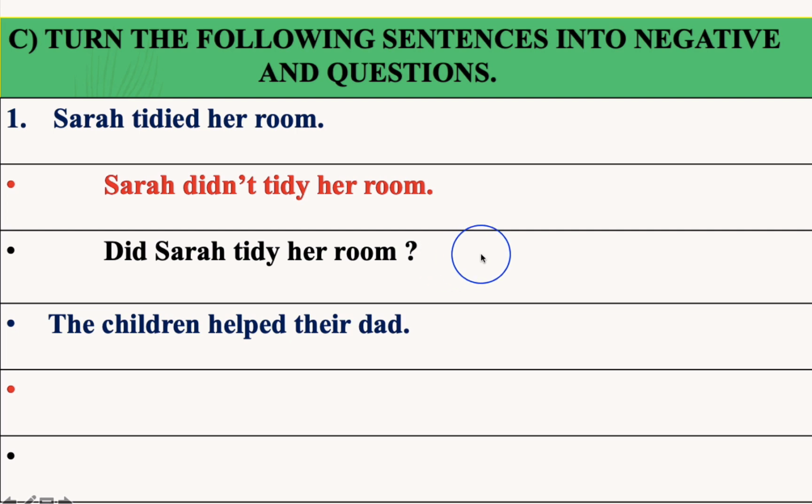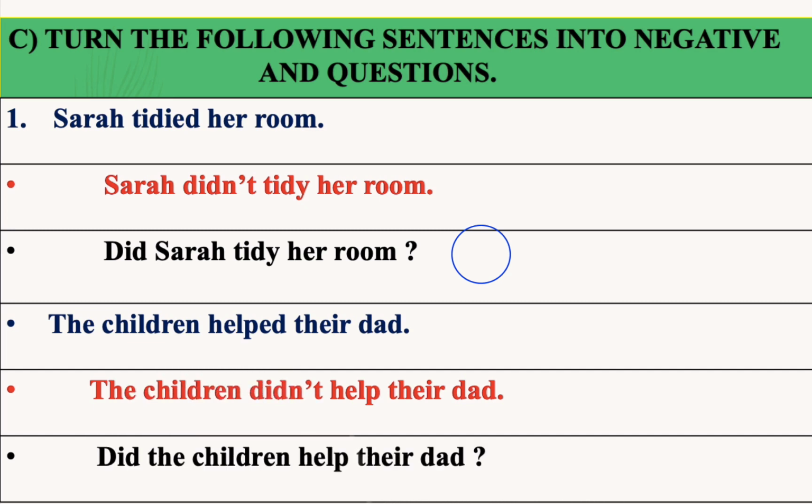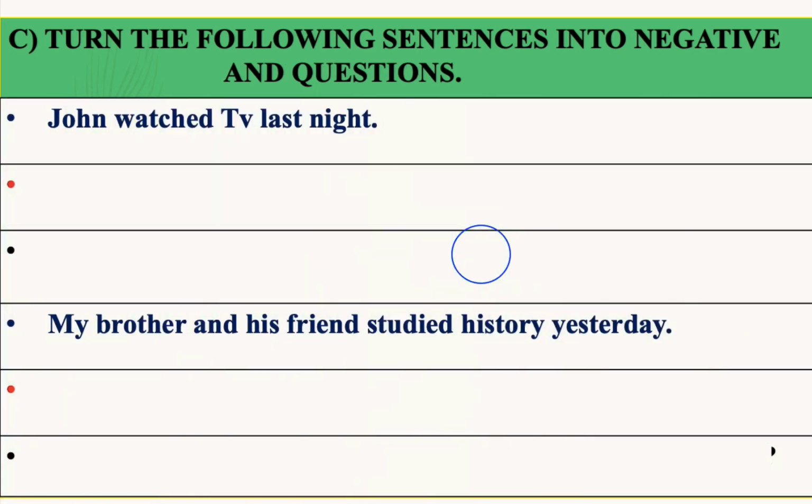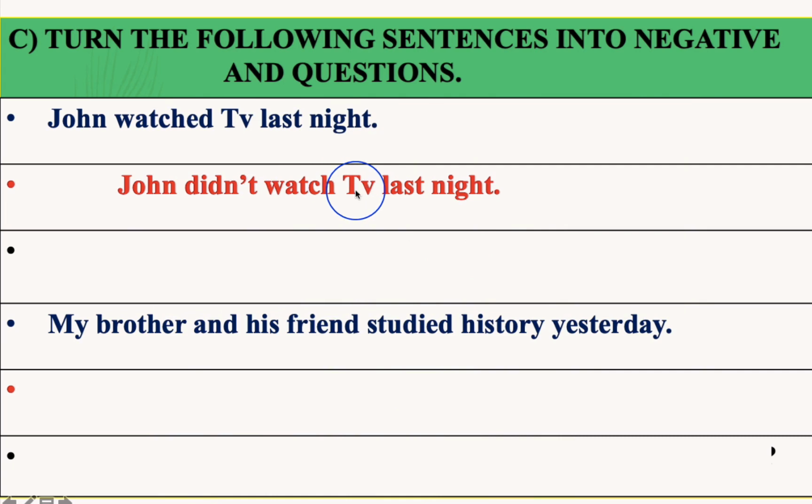Next, the children helped their dad. So negative is the children didn't help their dad. Question is, did the children help their dad? Okay. Next one is John watched TV last night. So negative, John didn't watch TV last night.